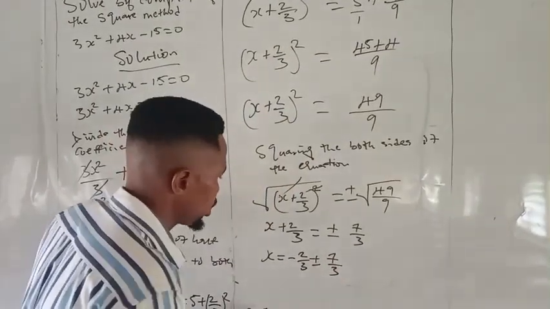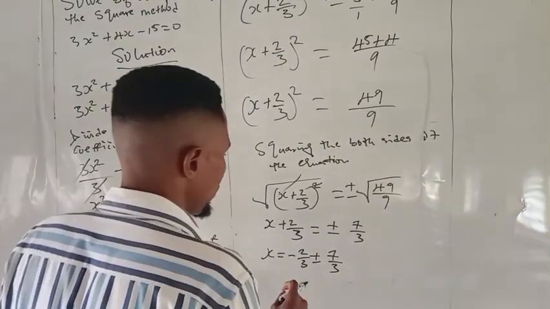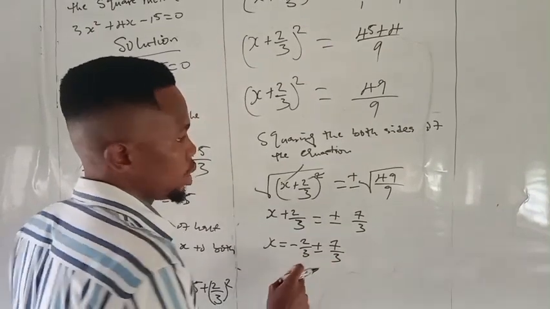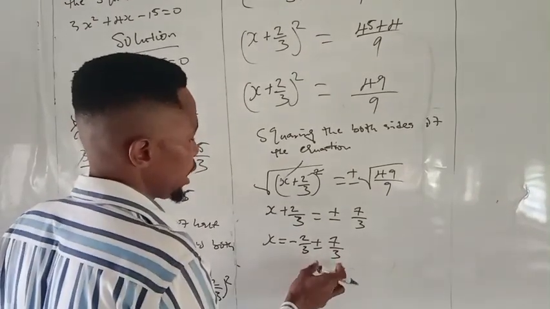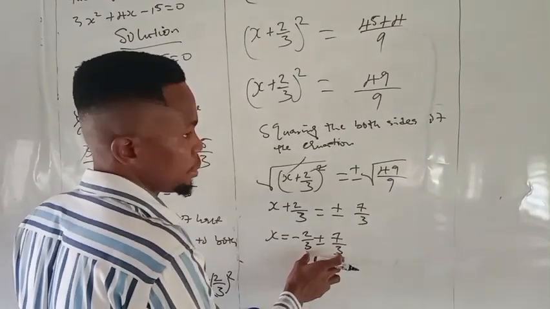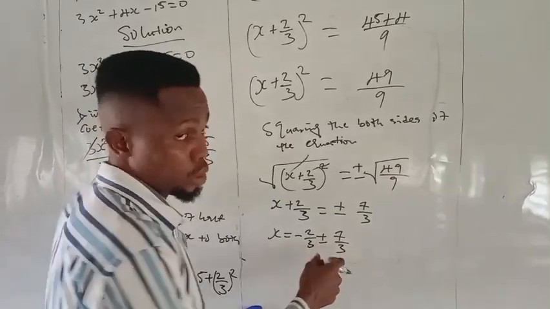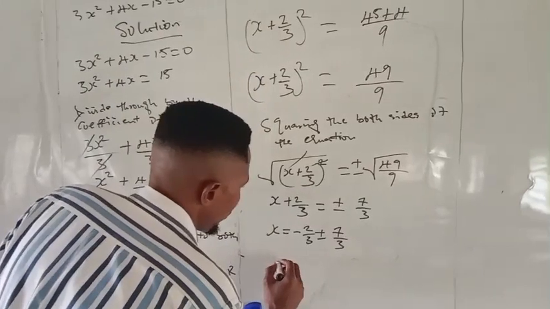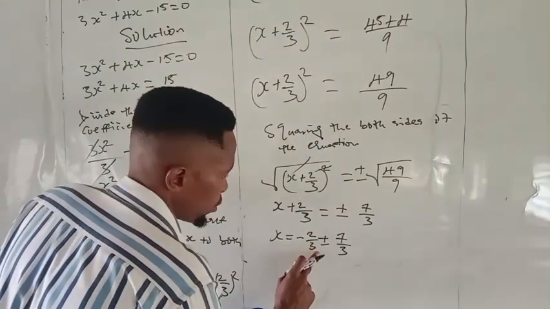Alright, so at this point now, since the bases are the same, we have 3 here, we have 3 here. And also one thing you need to note while solving at this point is that your base must be the same. If your base is not the same, just cross check your solving again. So we're going to pick one of the 3.